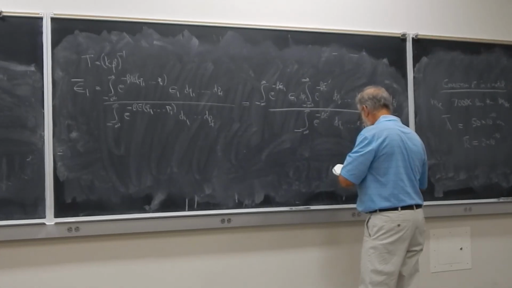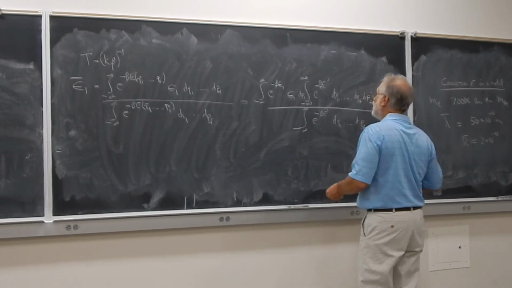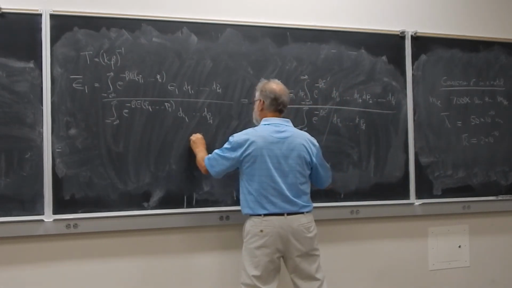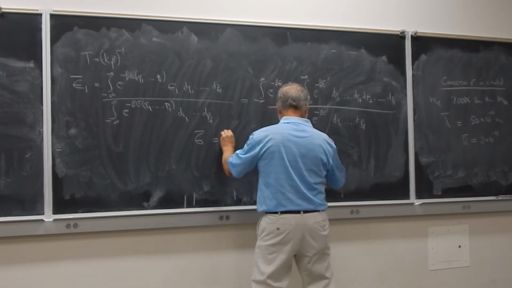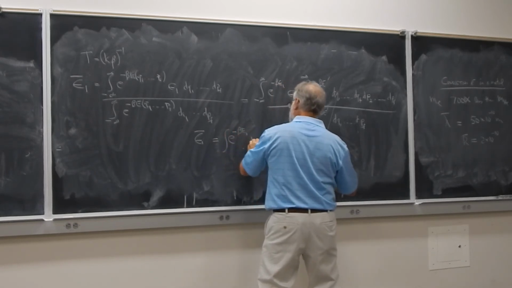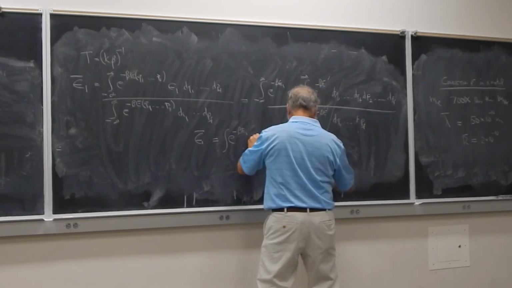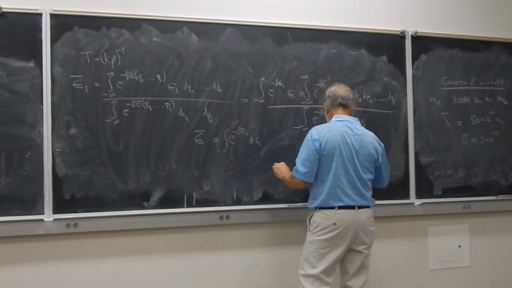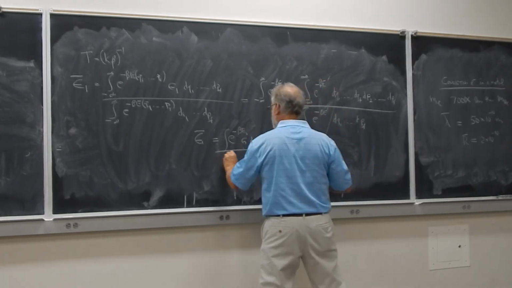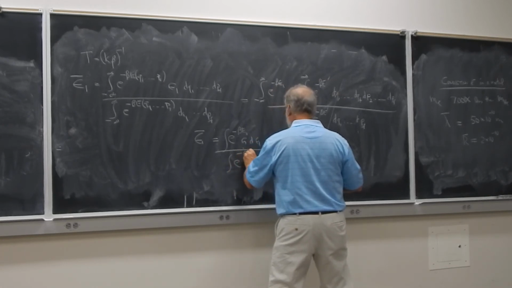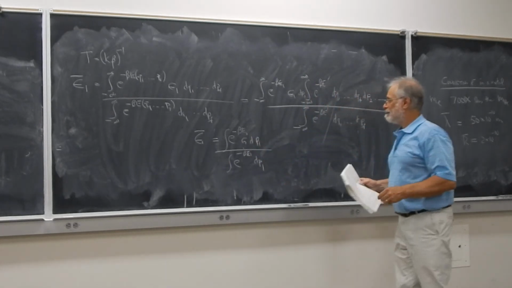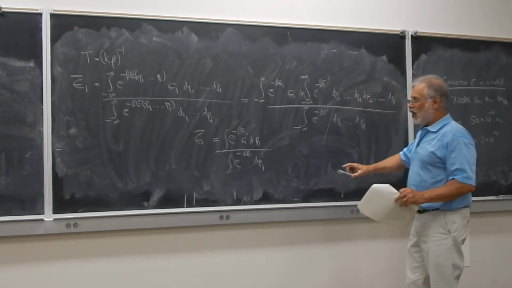What I get then is these terms going away, and I'm left with only E1 bar is the integral of e to the minus beta E1 times E1 dP1, divided by the integral of e to the minus beta E1 dP1. So I've been able to cancel all terms except this term.